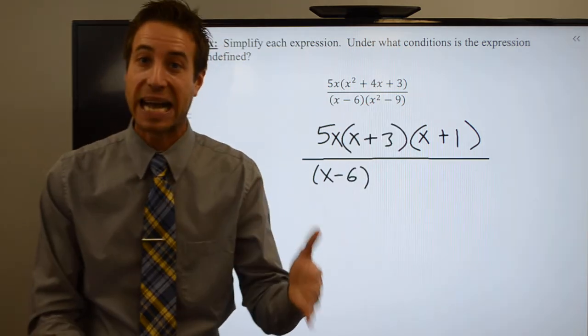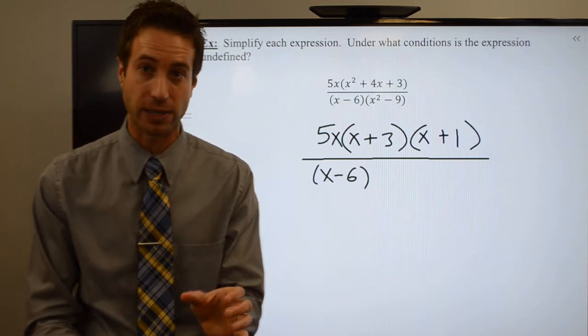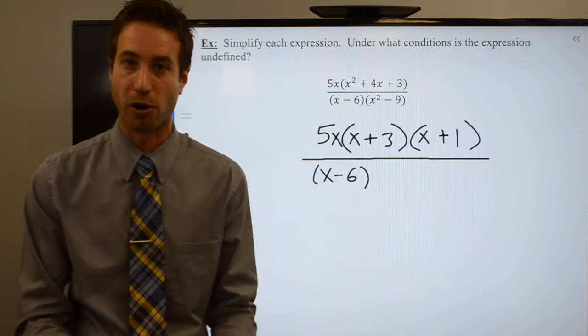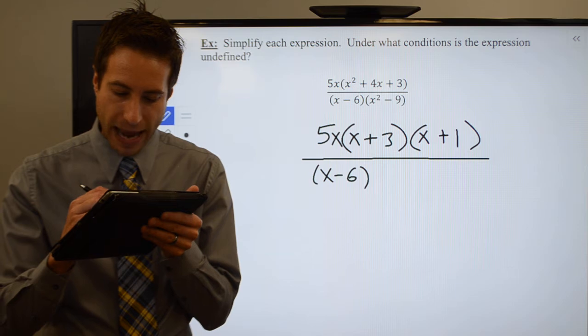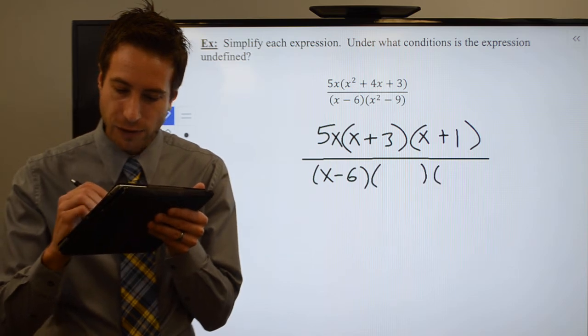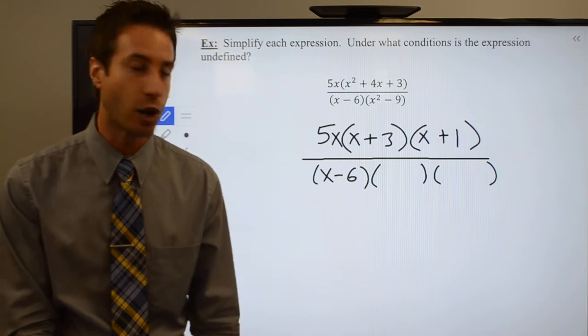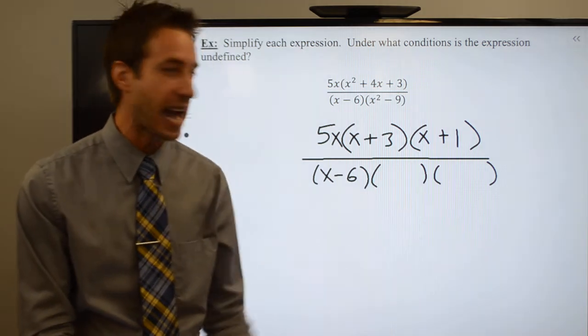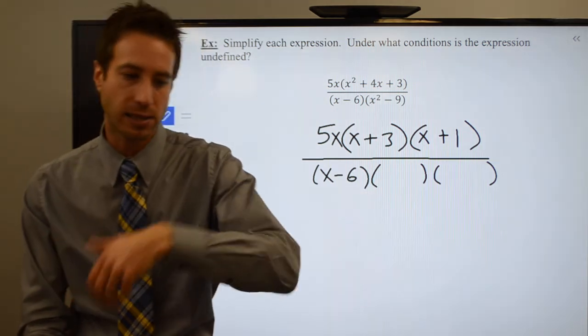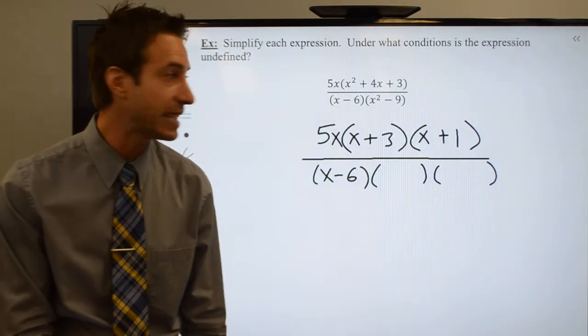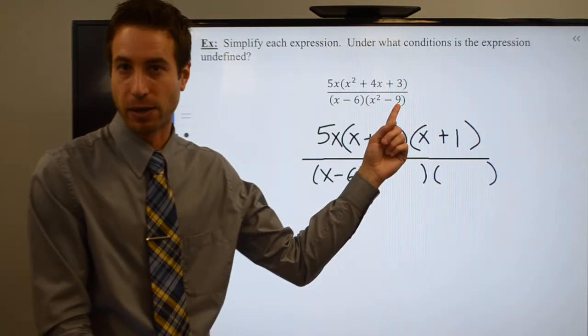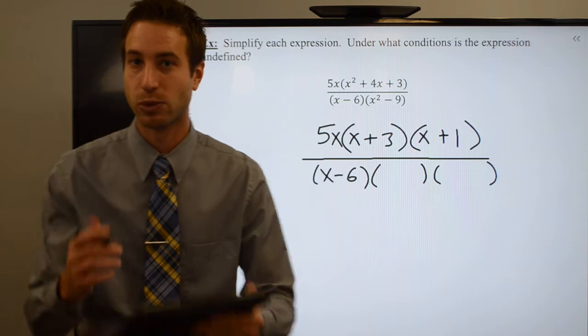X squared minus 9 means it's a difference of perfect squares. If you go back and review how difference of squares works, you'll know that it simply factors into two binomials where it'll be x, and then one has to be plus, the other one has to be minus, and it's whatever the square root of 9 is, which in this case is 3.